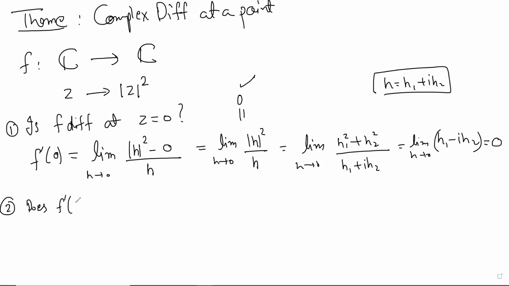Does f dash z not exist? No, but this will not be what it is. This will not be there if the point is not 0.